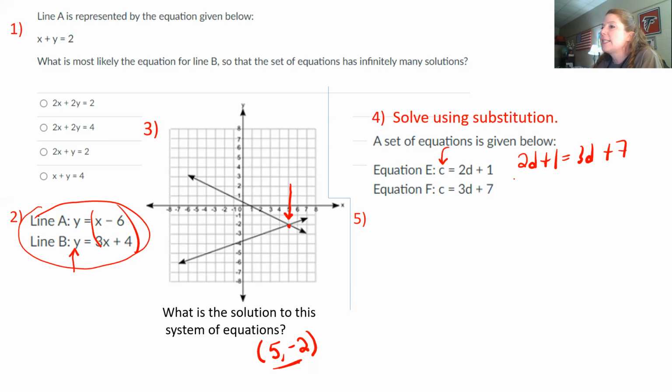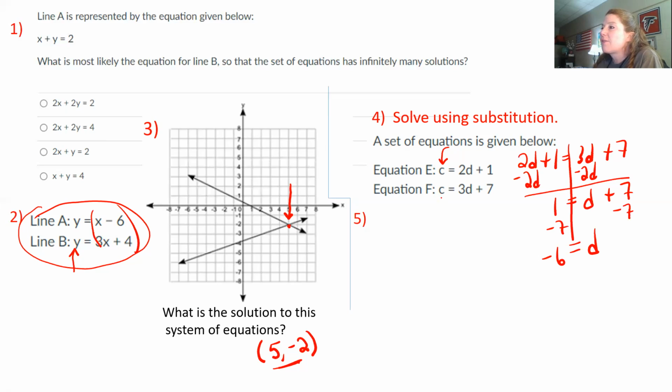We're going to get those d's together by subtracting 2d from both sides. So we would bring down our 1. 3d minus 2d is 1d. And then to solve for d, we subtract 7 from both sides. So d is equal to negative 6.